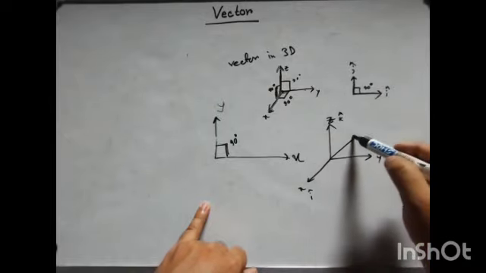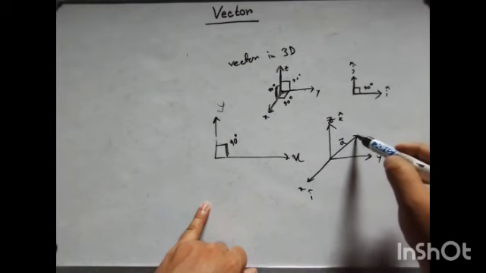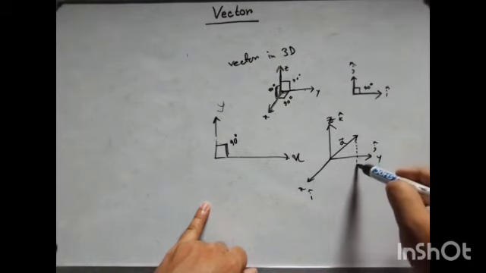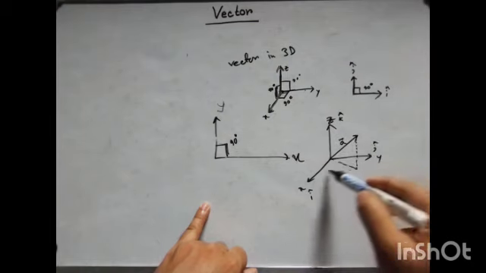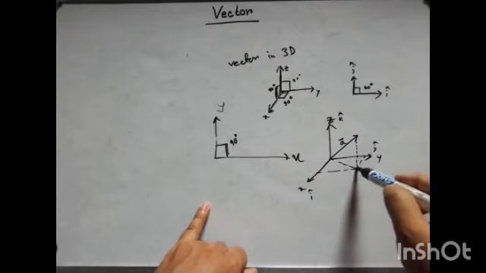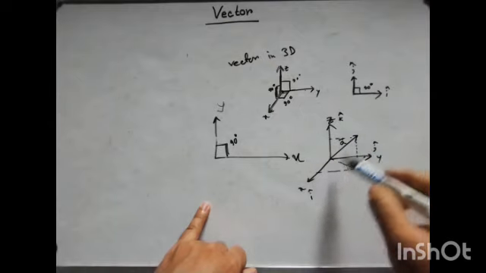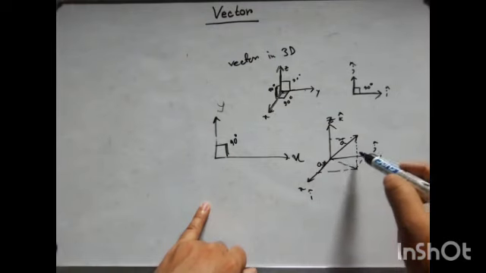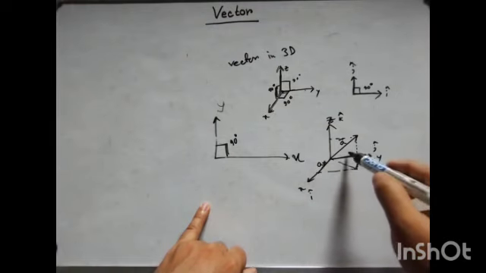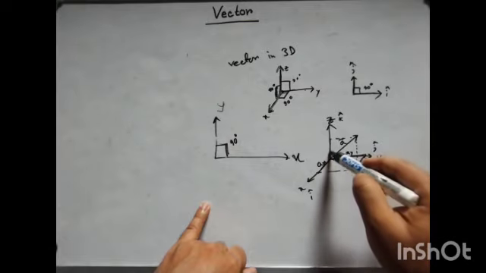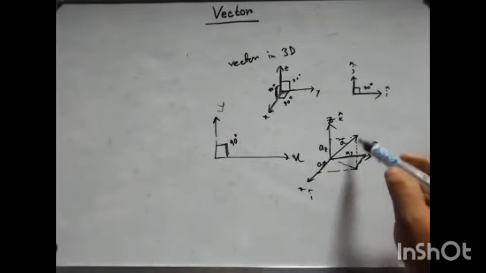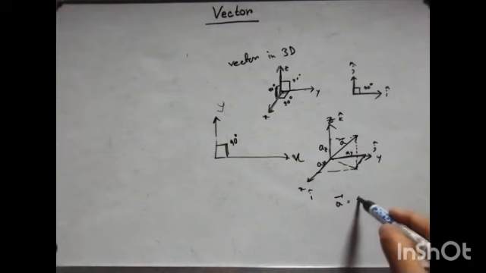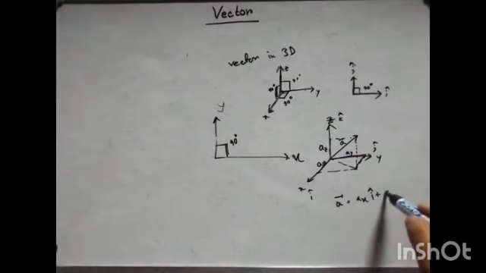Now if you draw a vector and break it into components, this is along the x-axis, this is ay along the y-axis, and along the z-axis this is az. So the vector a will be ax i cap plus ay j cap plus az k cap.